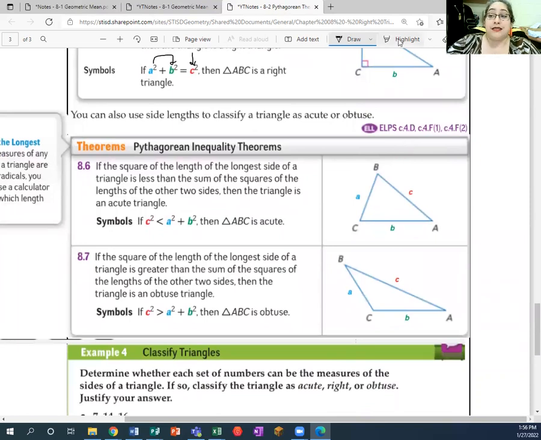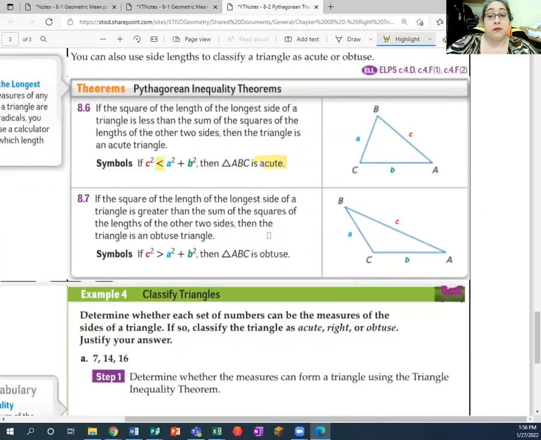If I want to classify it as an acute triangle, the biggest side of my triangle, squared, needs to be smaller than the other two sides, squared and added together. To make it an obtuse triangle, you look at that longest side, squared, and have that result be bigger than the other two sides, squared and added together.